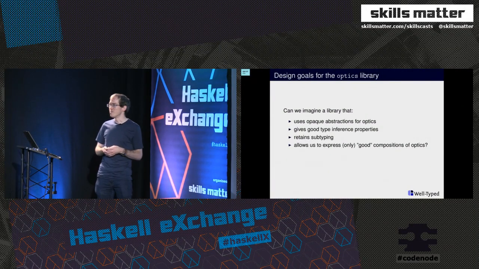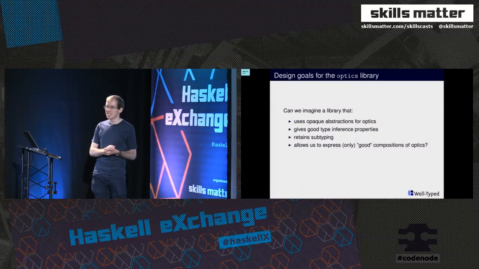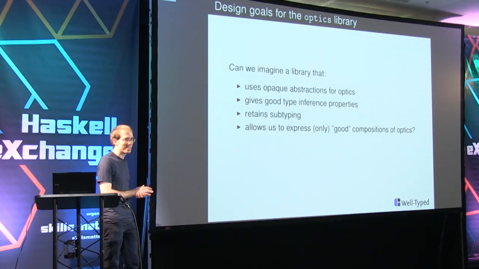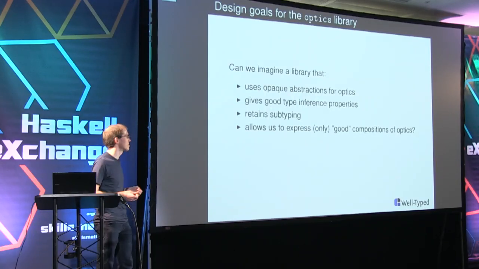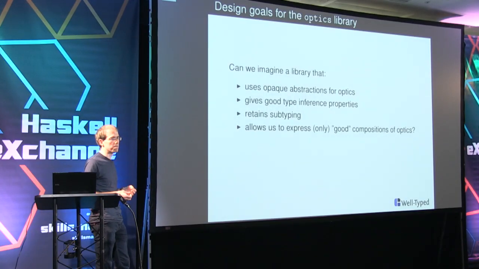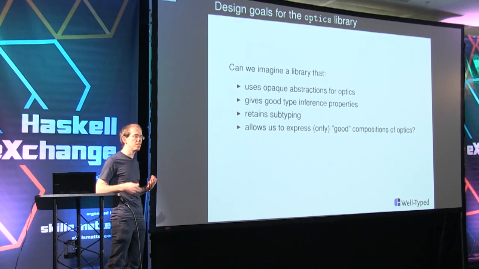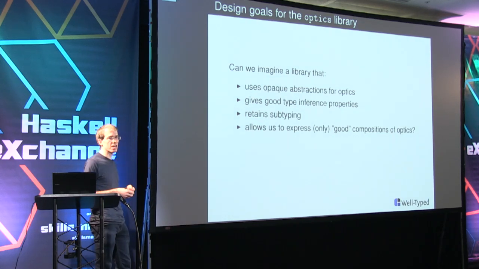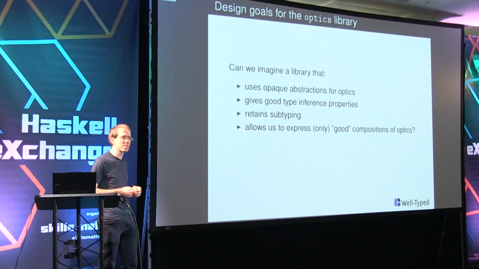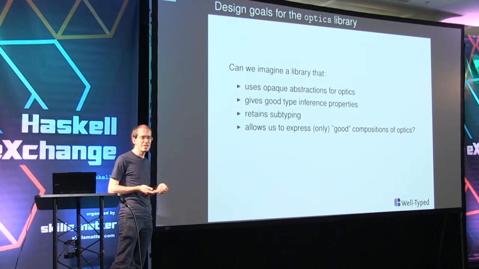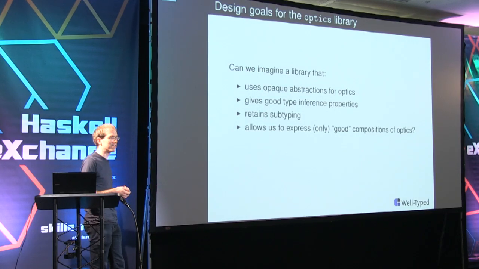But at the same time, we don't want to give up the nice pseudo subtyping and flexibility of composition that the lens representation gives us. The fact that you can just compose together different kinds of optics, that you can use, say, a lens where a setter is expected, is really, really useful for writing concise code.